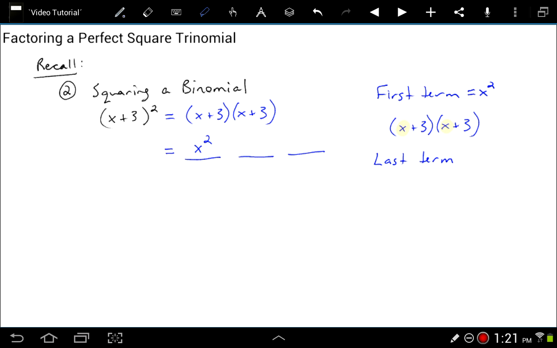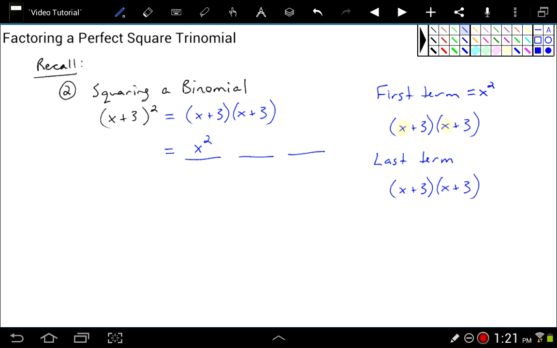The last term will be the positive 3 times the positive 3, which of course is 9. So that's going to go here. So we know where the x squared and the 9 come from in this trinomial. Of course the 9 is positive.